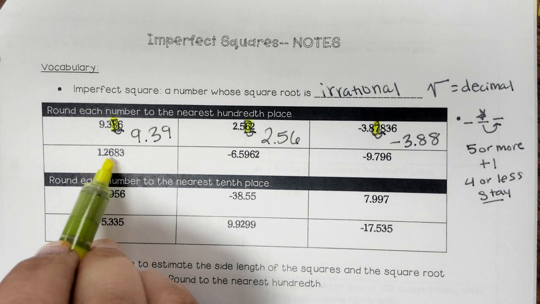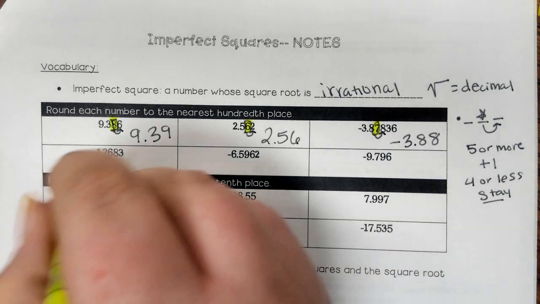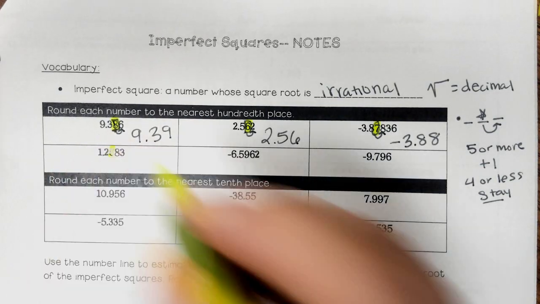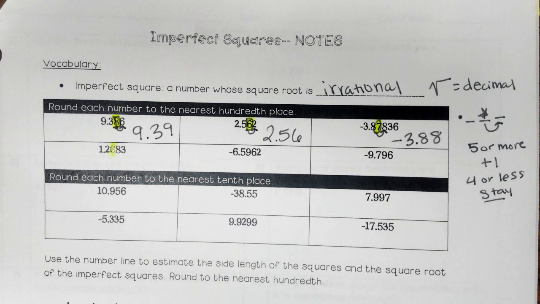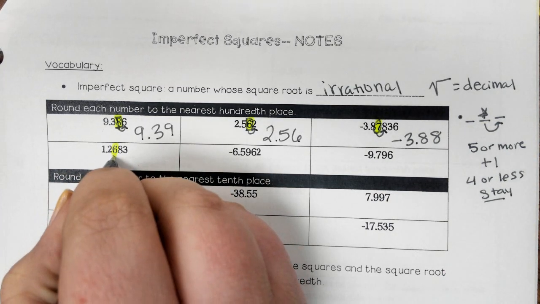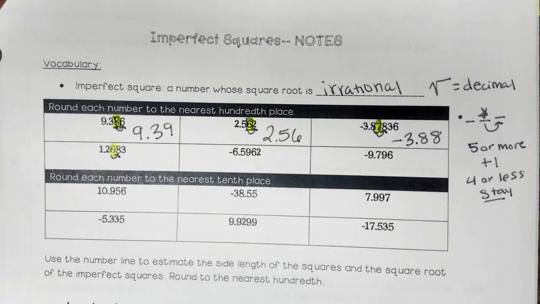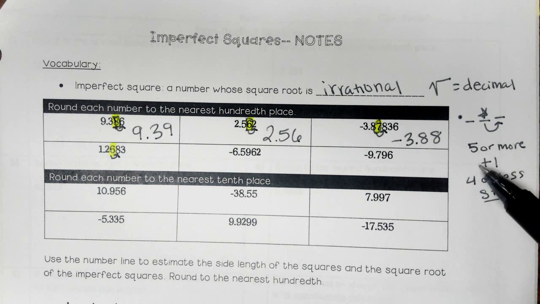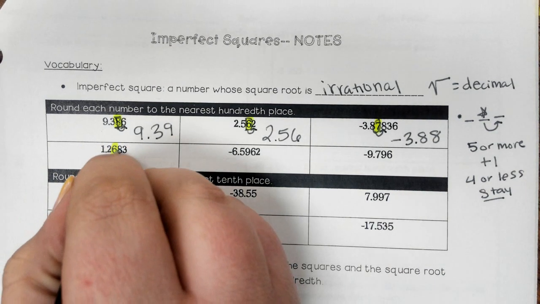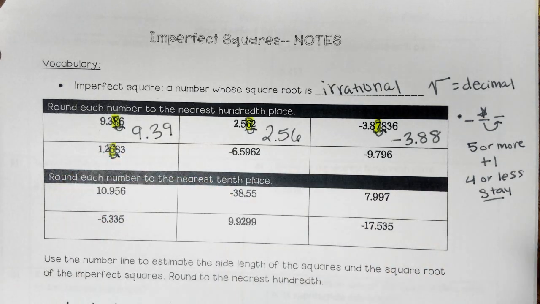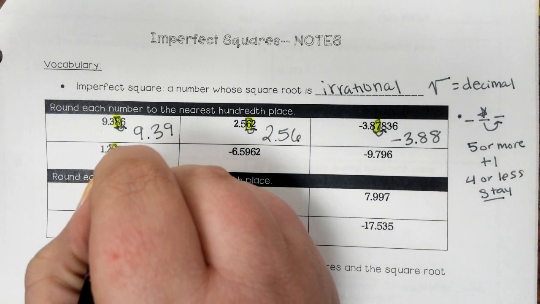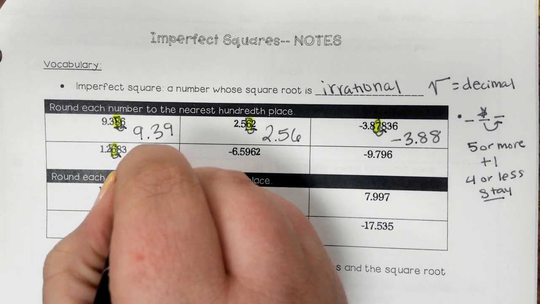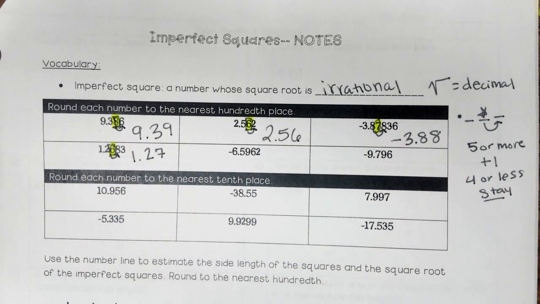And the number 1.2683, we're rounding to the 100th place, which is the 6. So we'll look behind the 6 at the 8. 8 falls into 5 or more, so I have to add 1 to that thing that I started at, the 6. 6 plus 1 is 7, so instead of 1.26, I have 1.27.